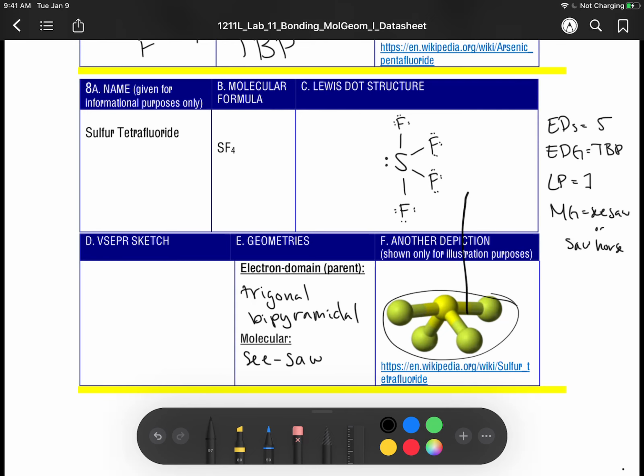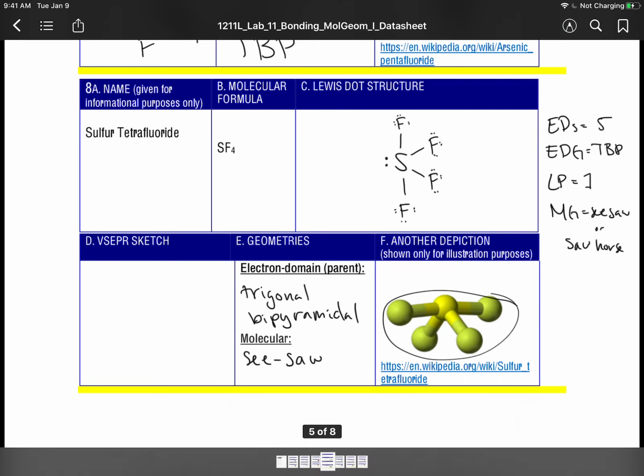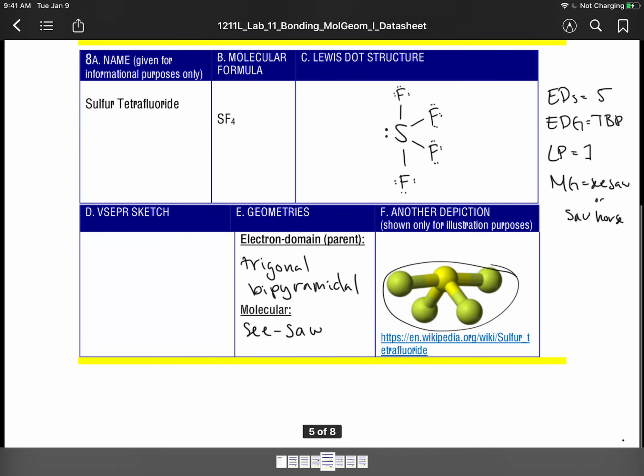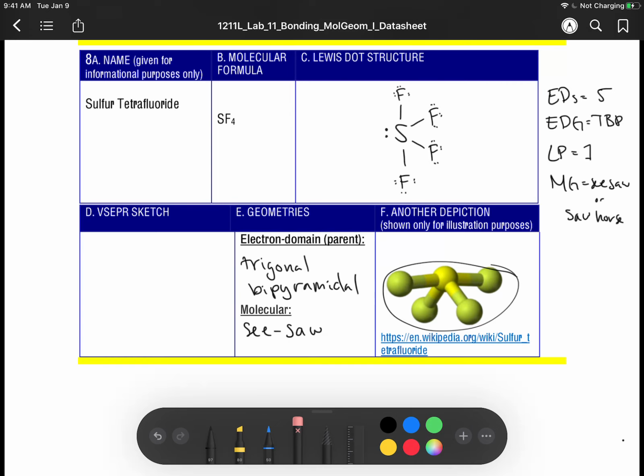Same idea that we did above, right? So we have our shape of our trigonal bipyramidal. We'll have our axial and equatorial positions, like so.